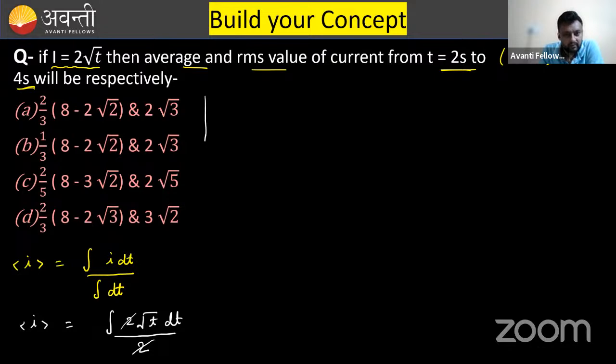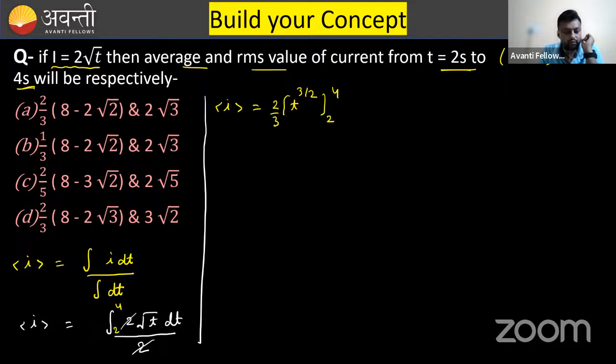So the average value of current can be written as the integration of root T. I hope everybody knows the integration of root T. If I use the limits 2 second to 4 second, that is T raised to the power 3 by 2, times 2 by 3, from 2 to 4 seconds. Clear?